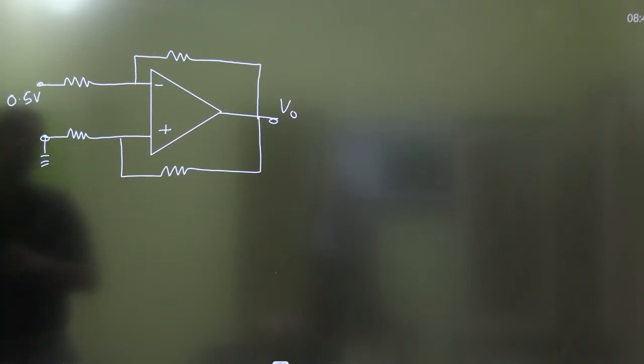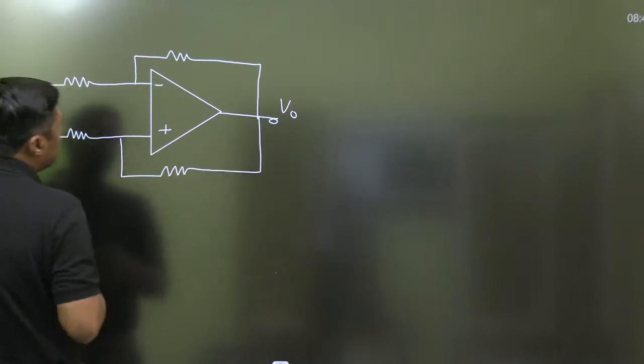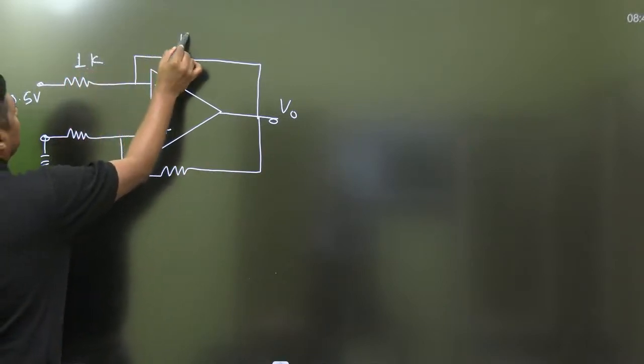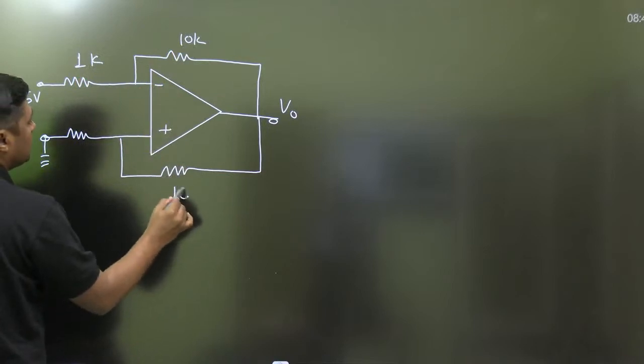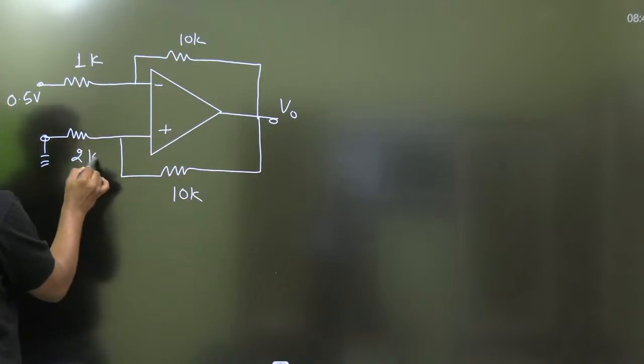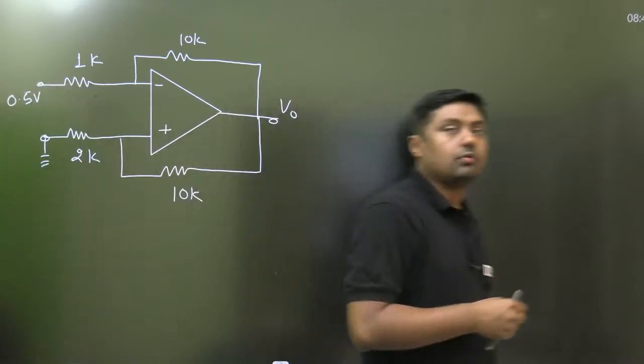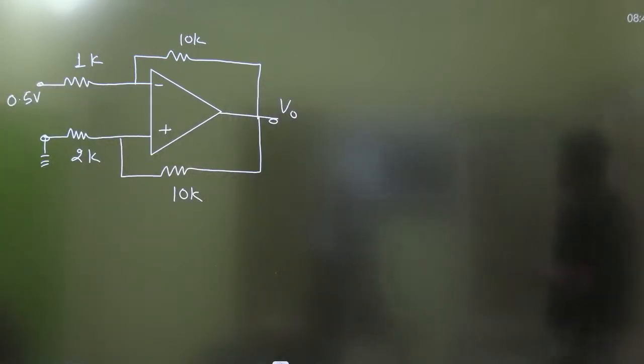Let 0.5 volt be the input connected here. This is the V naught. 1 kilo ohm is connected here, 10 kilo ohm is connected here, 10 kilo ohm is connected here, 2 kilo ohm is connected here. Now what will be the output? For example, that will be the question. What will be the output for this particular question?